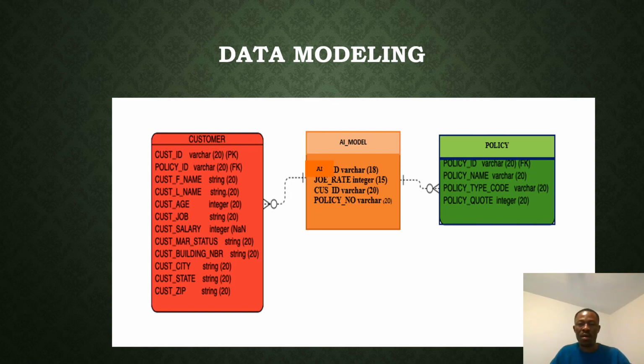However, the artificial intelligence model has the policy ID or the policy number, and then the customer ID as their foreign keys, because it is the central model that links between the policy and the customer.